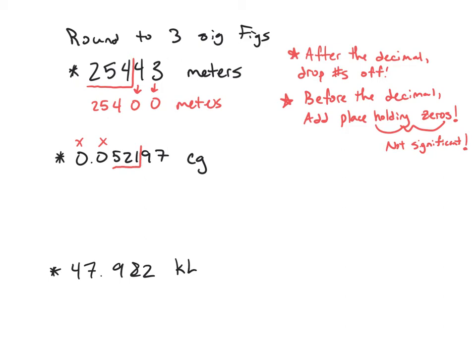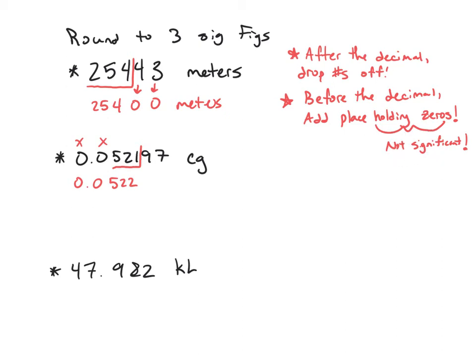Now that I've identified what numbers are actually going to be rounded, well, the 1 is the one that's going to be rounded, and the 9 is the determining factor. So since 9 is above 5, this rounds up to 5, 2, 2. And of course I add in these first 2 zeros because they're not significant, and those once again are placeholder zeros, and placeholder zeros are not significant.